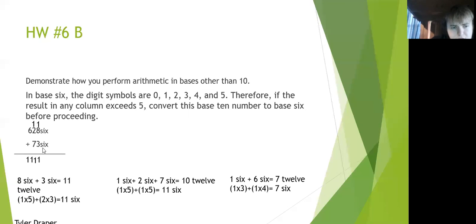What we need to do first, we have 8 base 6 plus 3 base 6. 8 plus 3 equals 11. 11 base 10 is not a symbol of our digits, 0, 1, 2, 3, 4, and 5. So we're going to use our digits to equal that. 1 times 5 is 5. 2 times 3 is 6. 5 plus 6 is 11. We're going to get 11 base 6.